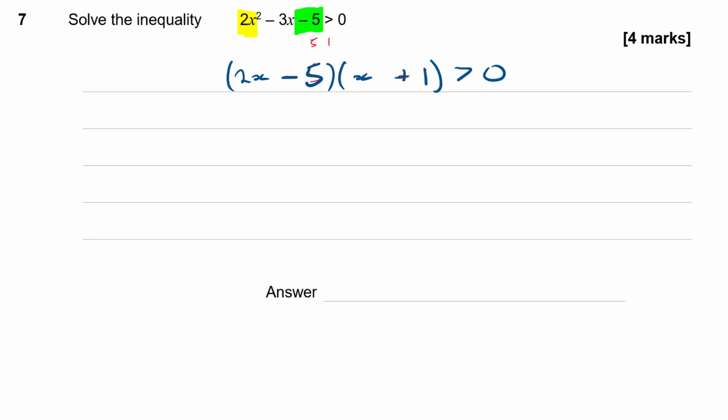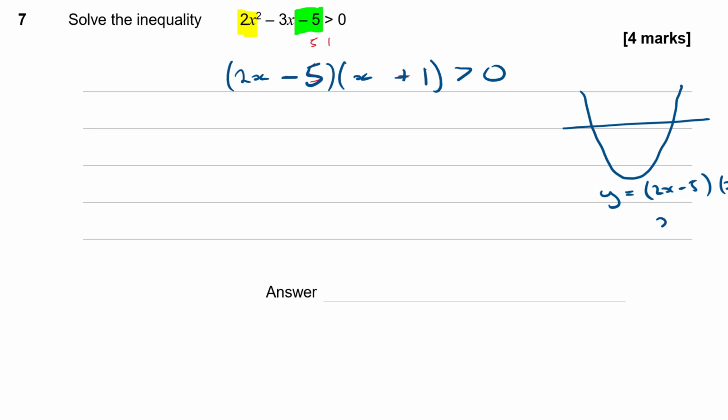Now imagine that was a graph. It would be some sort of quadratic, wouldn't it? So it would look a bit like this. It would have 2 roots. Where would those roots be? You get those roots where your 2 brackets are equal to 0. So if I've got y equals (2x - 5)(x + 1), then I'm going to get one root when 2x - 5 is 0.